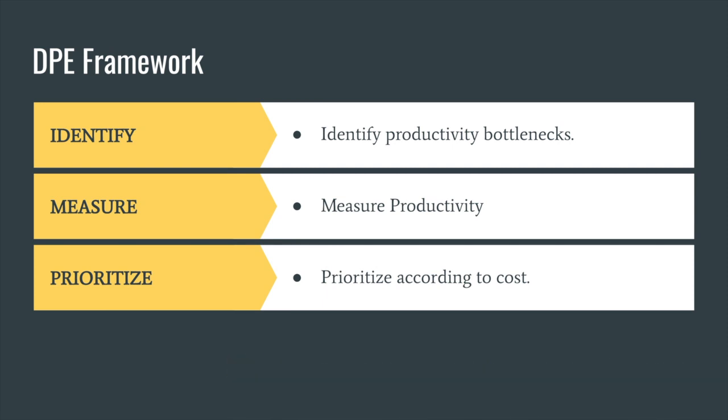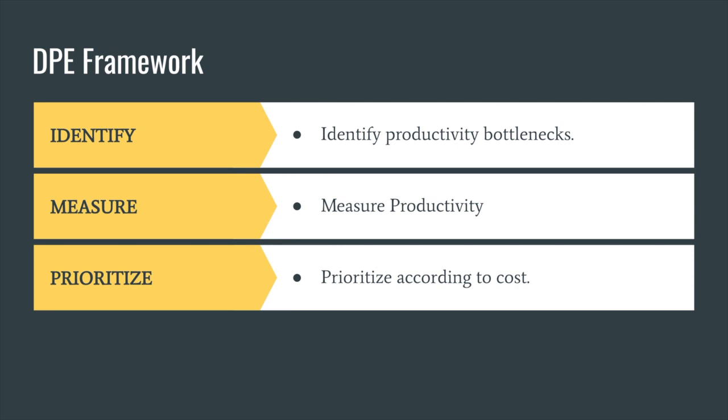Because one thing you need to realize about developer productivity engineering is that it's not a one-time affair, but it's something that you constantly do as your team continues to grow, as your product continues to evolve, and as your code base continues to grow. So you'll need to keep prioritizing the particular cost, whether it's the implementation cost or the maintenance cost.